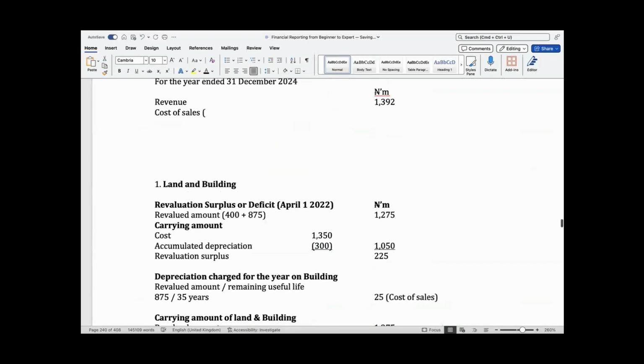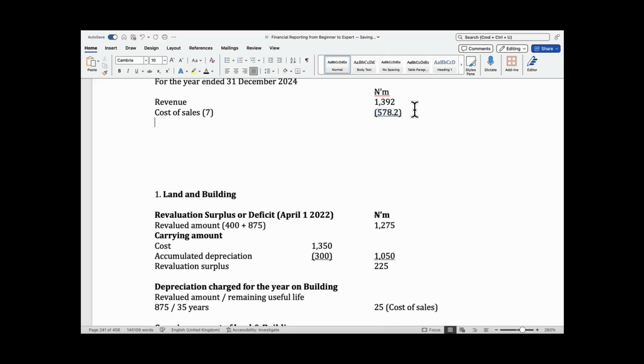That's working 7. Put it in brackets. Gross profit. So how much is my gross profit? 813.8.